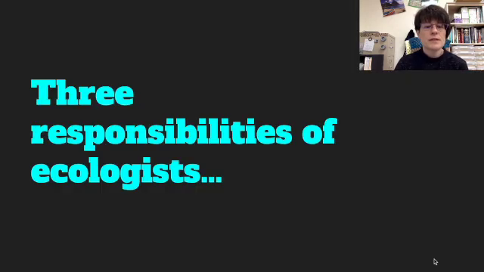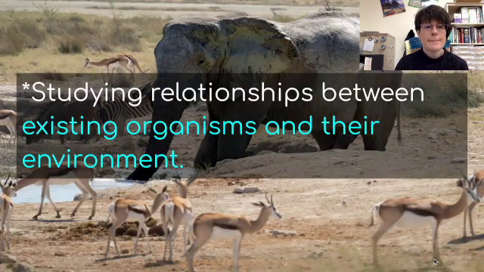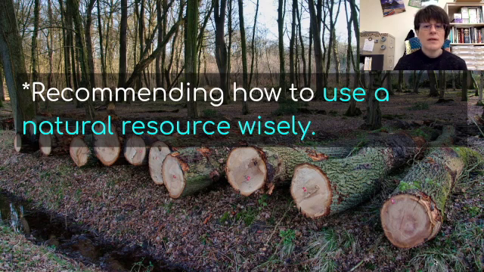Three responsibilities of ecologists are studying relationships between existing organisms and their environment. So, for example, studying the ecosystems and the relationships between all of these animals in this picture and their environment. Recommending how to use a natural resource wisely.